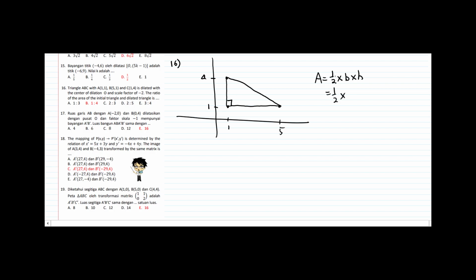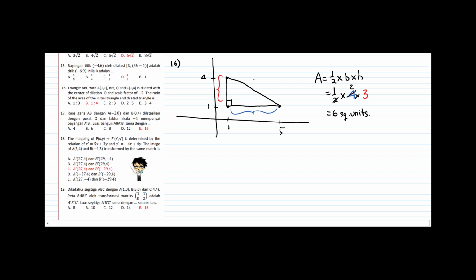The base is this one, from 1 to 5 equals 4, and the height is this one, from 1 to 4, it's 3. So the area will be 6 square units. So I have the area of the original.